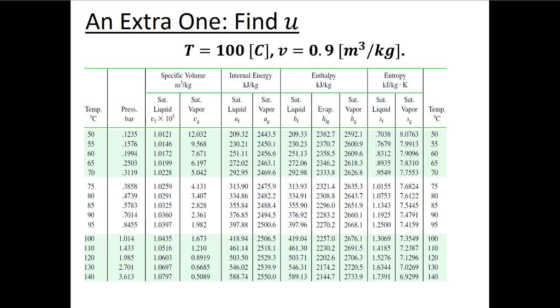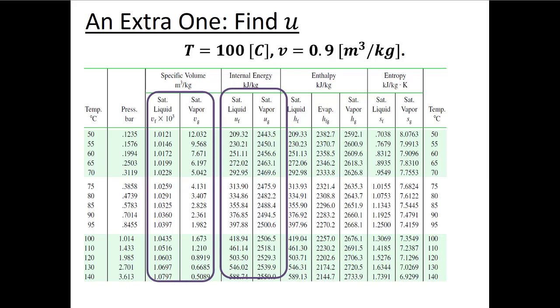So this one is a little bit trickier, right? Because here we're told the temperature, but we're not told the quality directly. Instead, we're told a specific volume. So here we're trying to find the specific internal energy, and we know that it has to be between uf and ug, provided that we're at 100 degrees, but instead we're told the value of the specific volume.